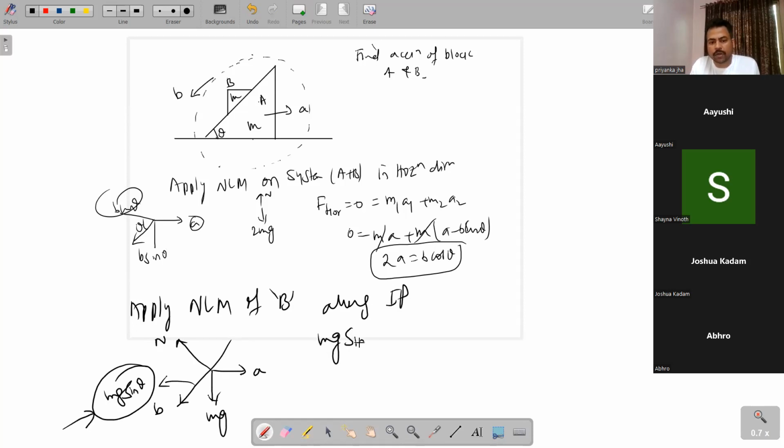The acceleration of this block is B downside, and the component of A is A cos theta. We are not concerned about the vertical component of A. So the net should be B minus A cos theta. Tell me, understood or not?